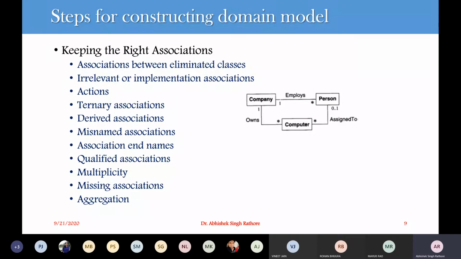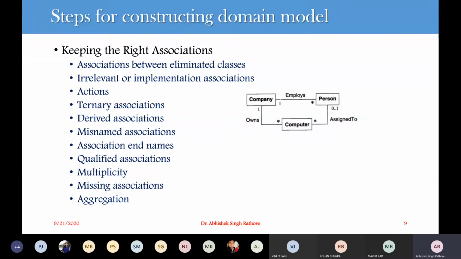Considering our ATM example again, ATM accepts cash cards. This describes a part of the interaction cycle between your ATM and the customer, and this is not a permanent relationship. Thus we can eliminate ATM interacts with user, or central computer clears transaction with banks, and so on. All these types of actions.